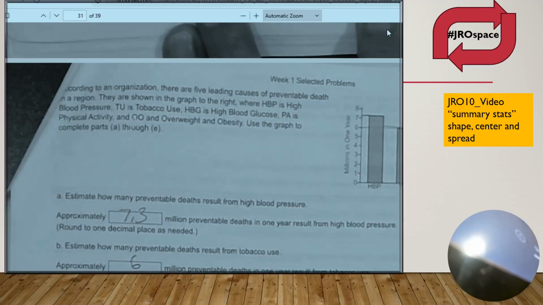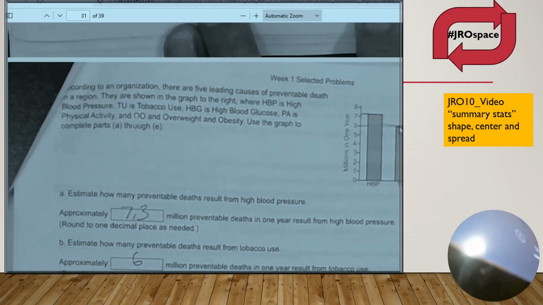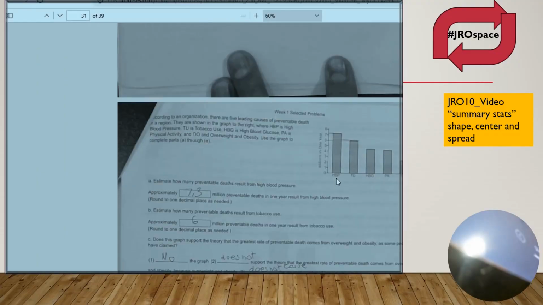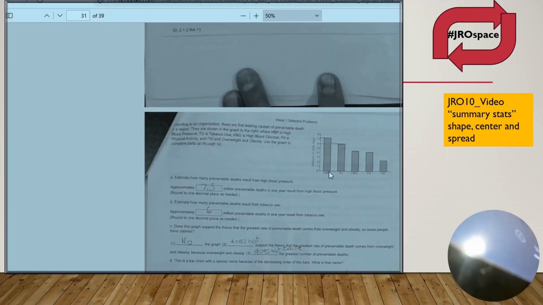Well, let's take a look at this particular problem. See, this was categorical data: tobacco use, high blood glucose, physical activity, and overweight. We have those, and so those are categorical. So see, that's the frequency, counting those up, right?